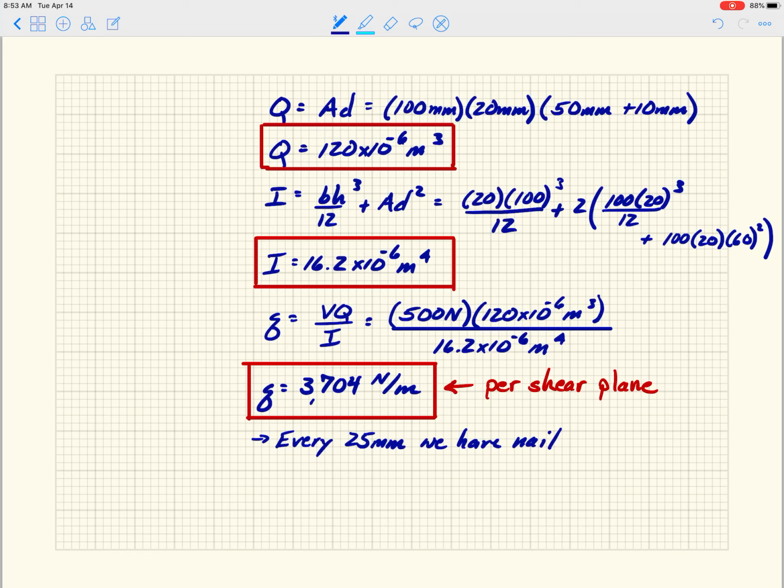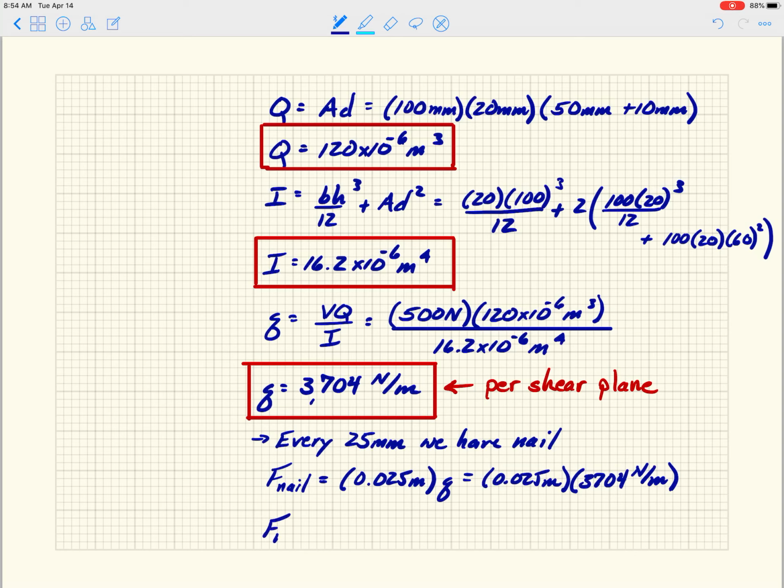All right, so now every 25 millimeters we have a nail, right? So the force in the nail, which is what we're trying to calculate here, is just the spacing of the nails, which is 0.025 meters, times the Q. In this case, that's 0.025 meters times 3,704 newtons per meter.